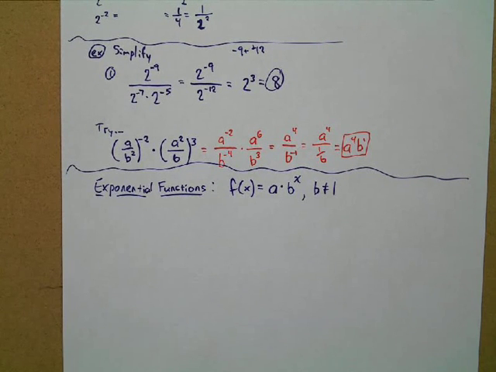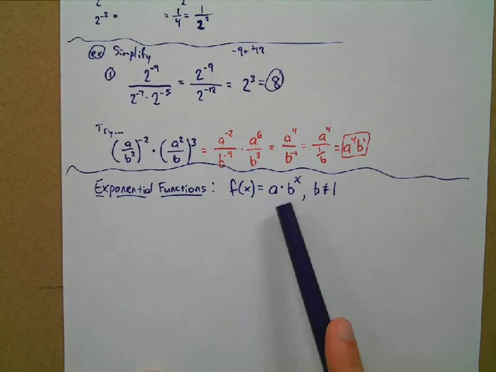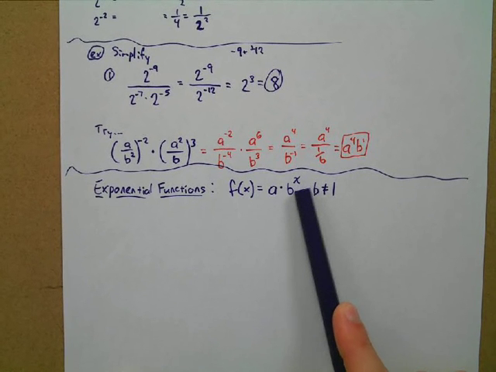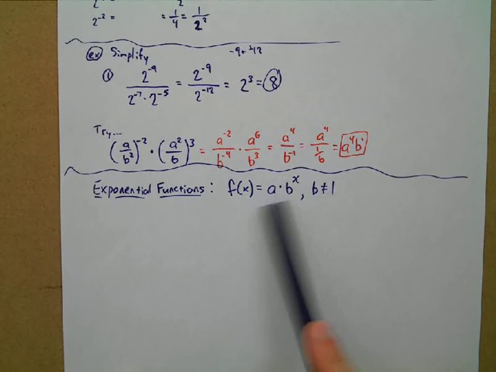What would we get? Yeah, it would just be f of x equals a, right? Because if we put a 1 in here for b, 1 to any exponent is 1, and that would always be 1. So it's really just going to be graphing the constant function f of x equals a. So that's why we stipulate here that b is not equal to 1. Yes, we could graph it if b was 1, but it wouldn't be an exponential function. It would just be a constant function, right?